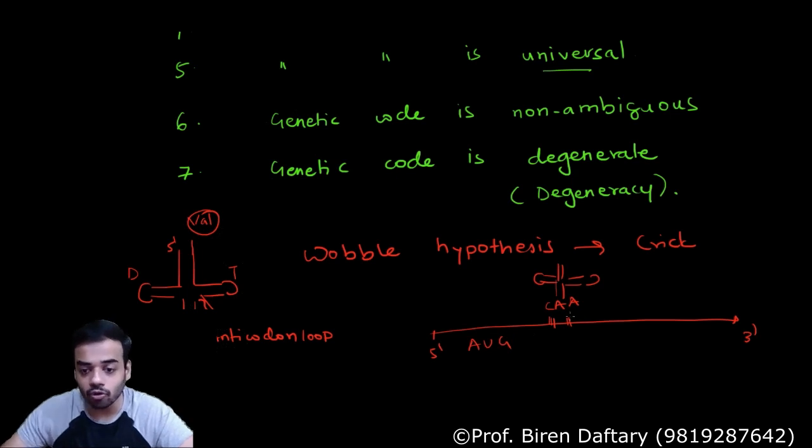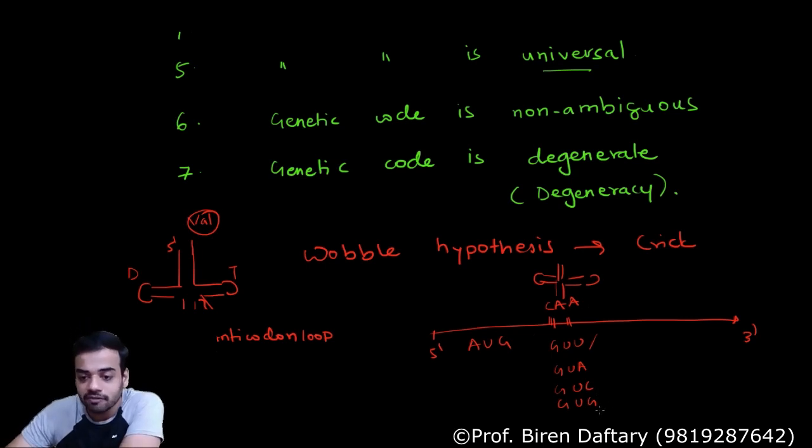See, there are 4 codons which can attach. The original codon was GUU, which will attach completely. GUA will not attach completely, the last base pair will not attach. GUC will also not attach completely because C will not pair up with A. And GUG will not attach because A will not pair with G.